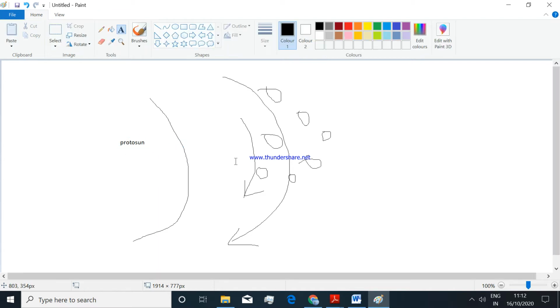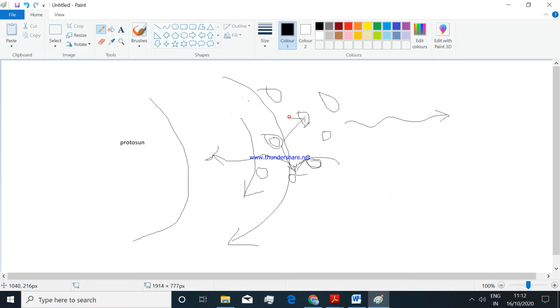Now, what was happening was that these smaller embryos would collide with each other at some point while they were moving towards or away from each other. And during this time, the gaseous materials would have moved outward. However, the heavier elements would have concentrated themselves towards the inside.